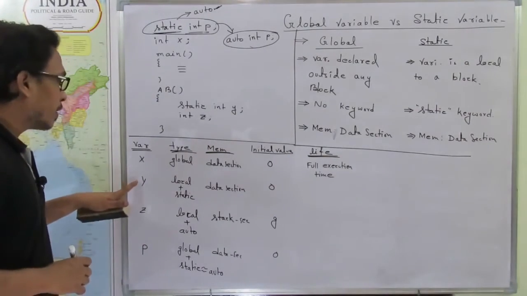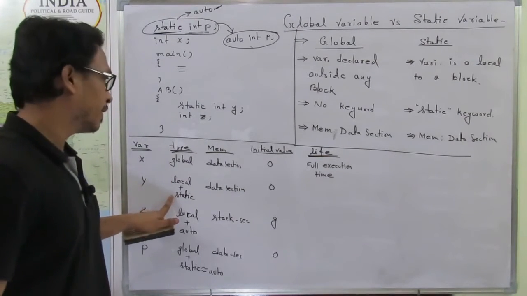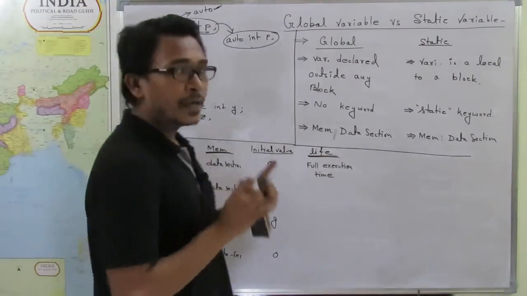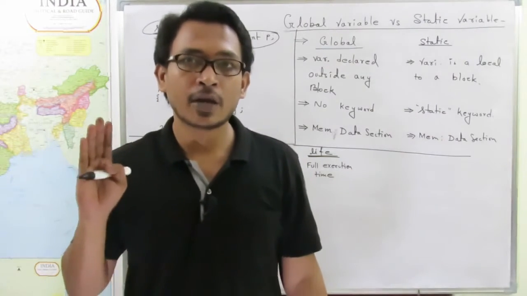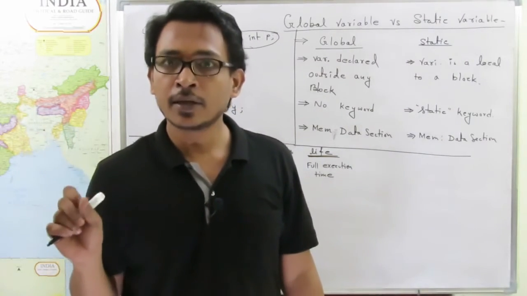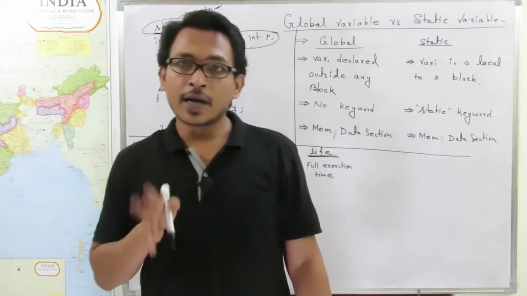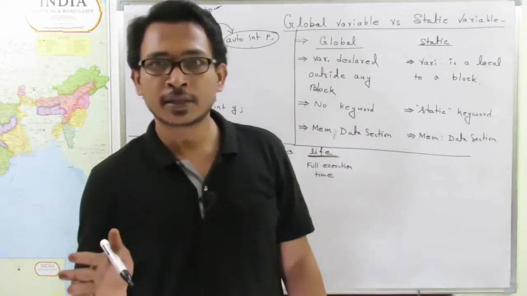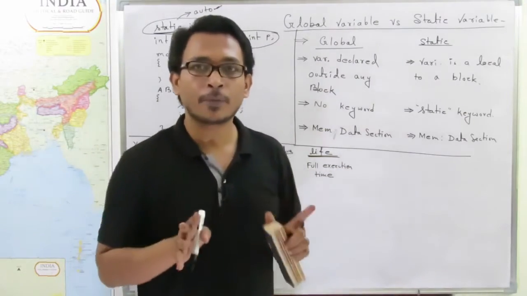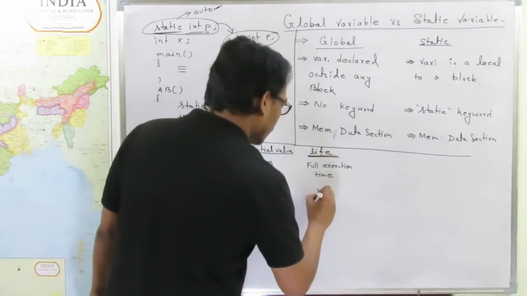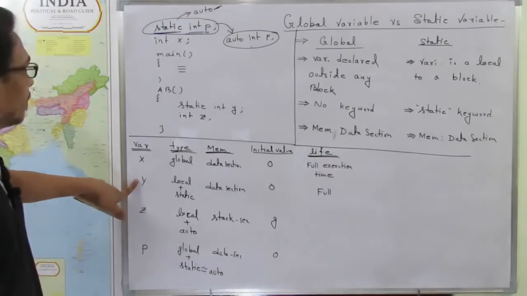What is the life of variable y? y is a local variable but static. When memory is allocated for a static local variable, that memory block will exist until the program execution terminates. So in this case also the life is the full execution time of the program.